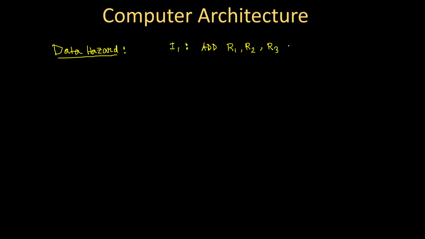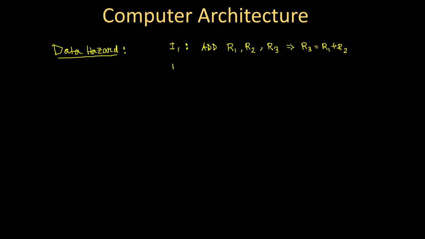What does it mean? It means R3 equals R1 plus R2. Although this type of instruction is not really practical in various processors, the instructions are a little bit different, and we will see different types of instructions in other classes. But for the time being, assume that in some processor we have an instruction like this, whose meaning is that R1 and R2 will be added and the result placed in R3.